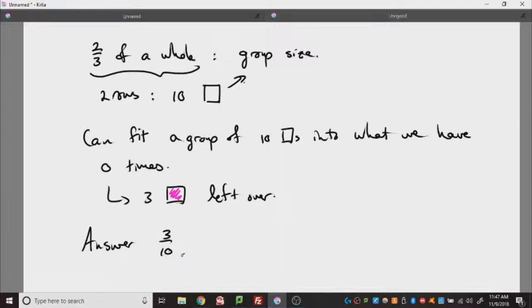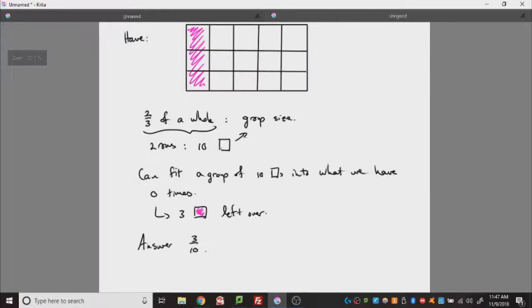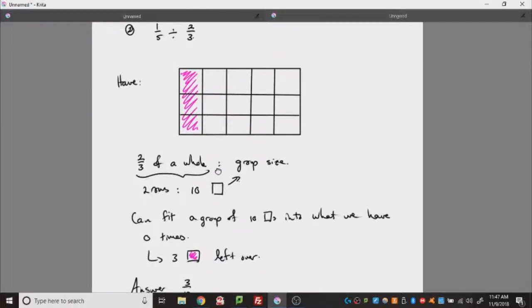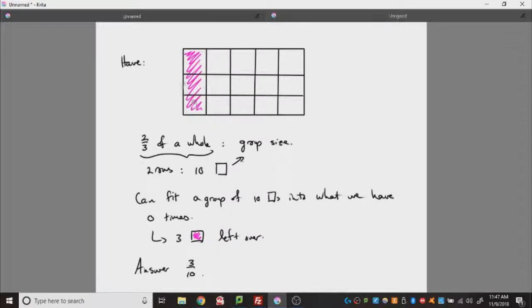So it's a little more tricky conceptually because you tend to think of having a lot and breaking it up into groups. In this case, I didn't have a lot, but the intuitive way of looking at it still works.